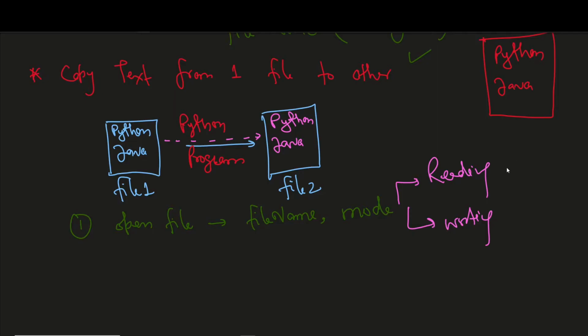If you want to read, you have to use R, and if you want to write, you have to use W. Just look at these files and you will find that we are using the first file for reading only, and the second file for writing only.